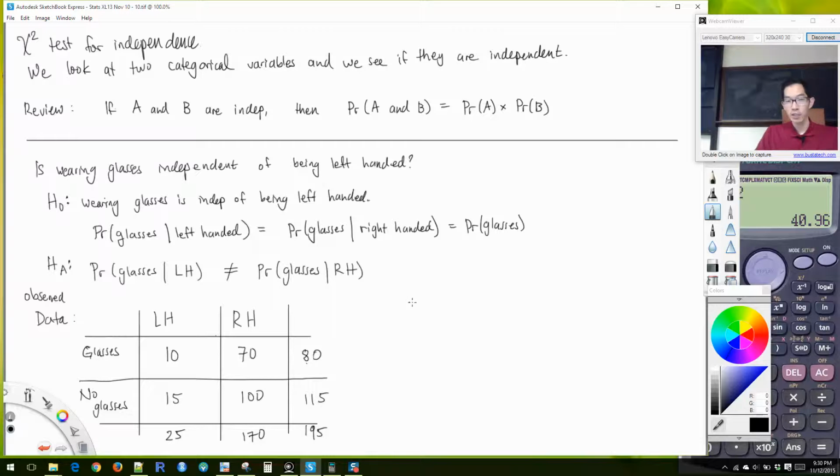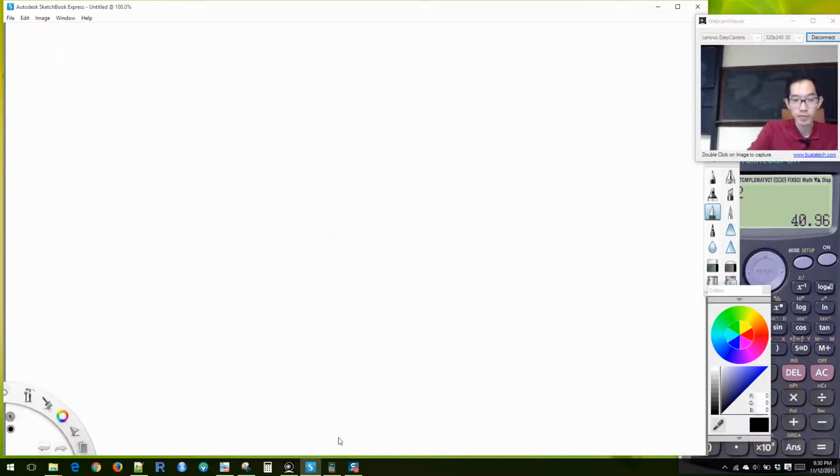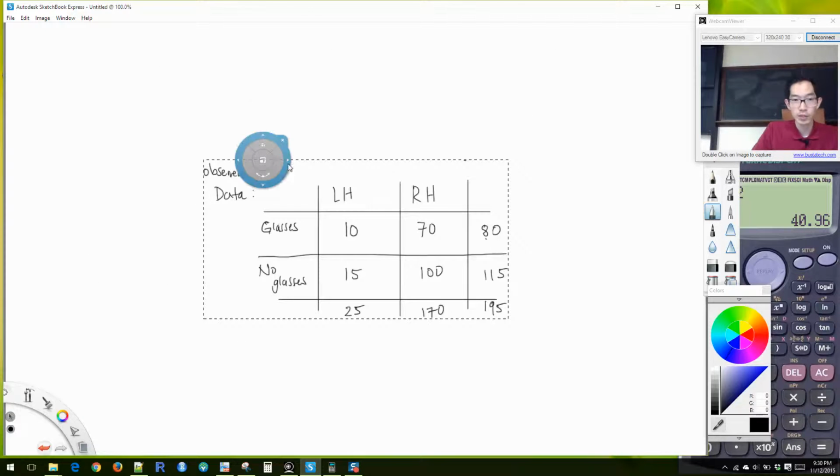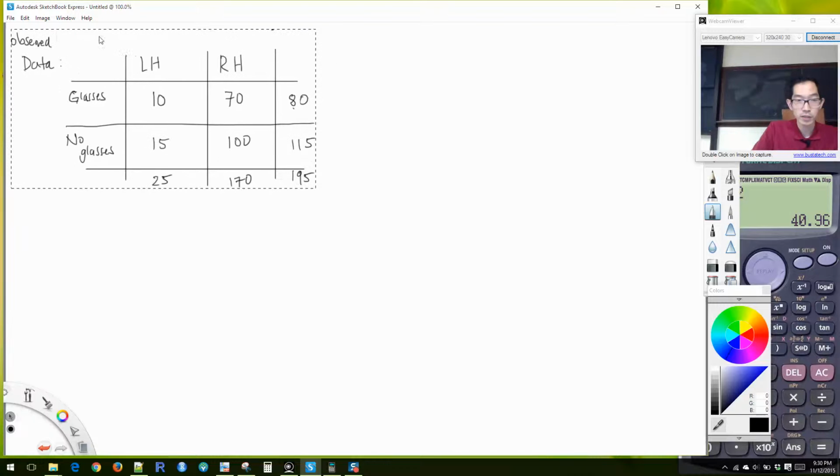Okay. All right, so let's talk about what we would expect. So let's see. I'm going to copy this table onto the next slide just because I want a little bit more space to work with here. Okay, so this is our observed data. Okay, and let's talk about what we would expect.